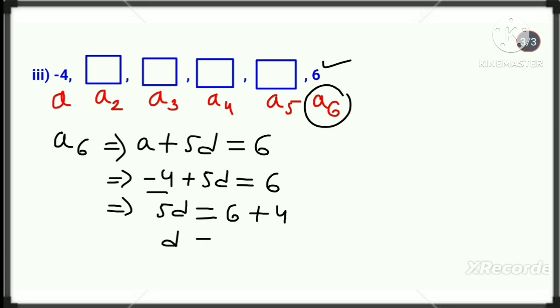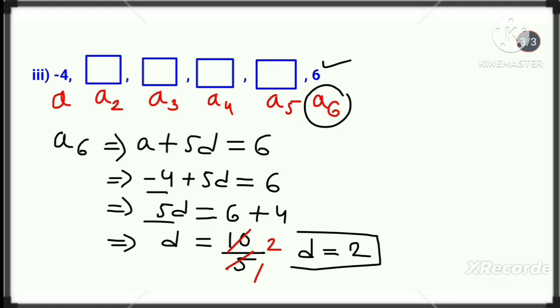Now d equal to 6 plus 4, 10, and this 5 goes to RHS over here, and now 5 ones are 5, 5 twos are 10. In this way we have obtained d equal to 2.